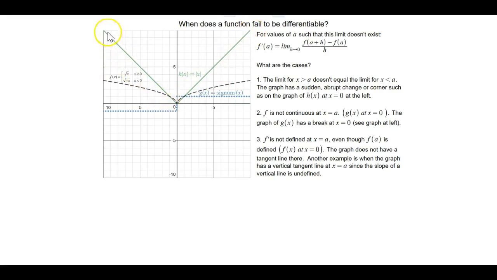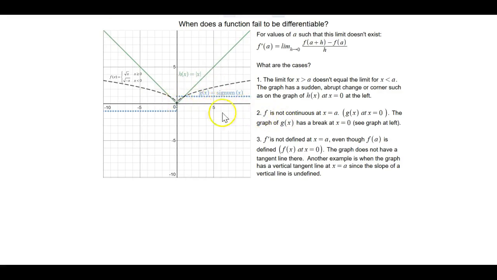For all the points on this part, the slope is negative 1. We have an abrupt change here, where that limit does not exist.